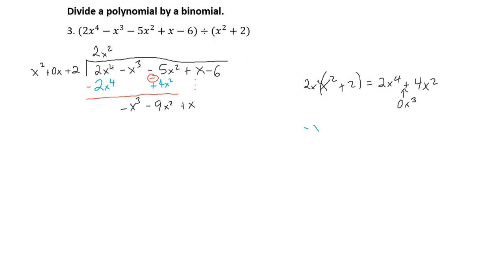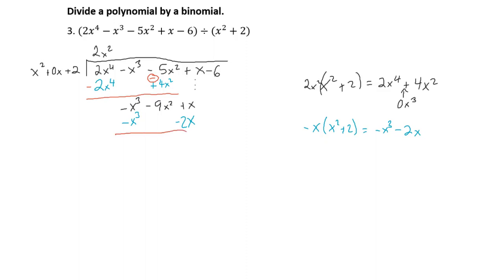Well, that's a negative x. That is what I'm going to multiply my x squared plus 2 by. So that will give me negative x to the third minus 2x. So my negative x to the third goes there. I'm skipping the middle term, my minus 2x.